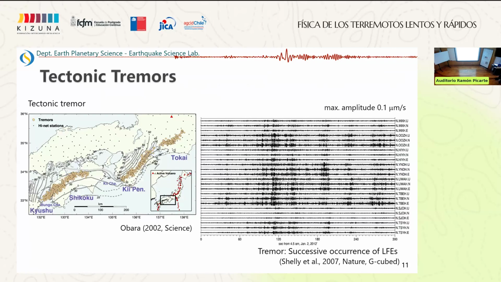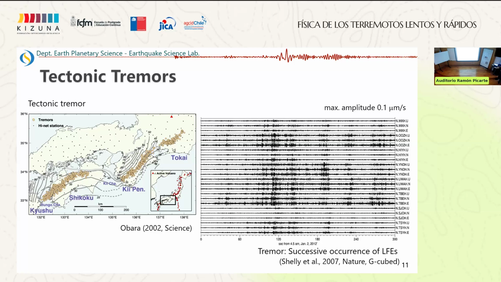At almost the same time, we also observed the so-called tectonic tremor, sometimes also called non-volcanic tremor. This is a typical record of tectonic tremor.